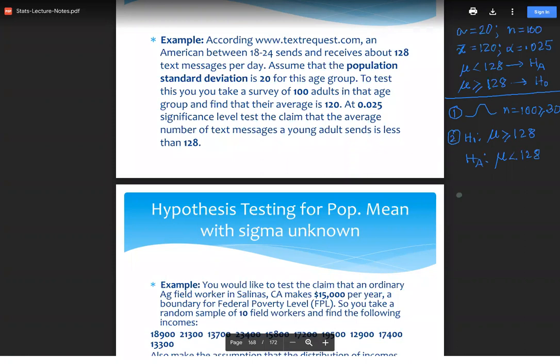And step number three is the test statistic, right? Z star is equal to X bar minus mu divided by sigma over square root of the sample size.